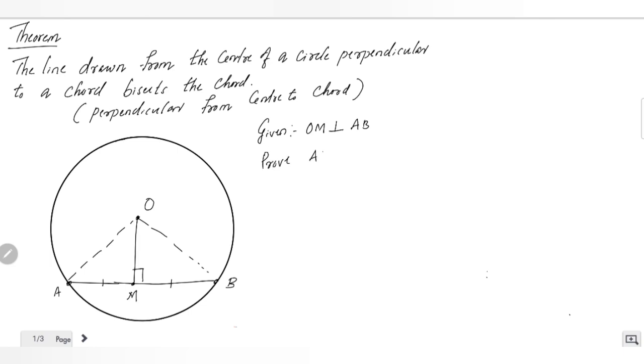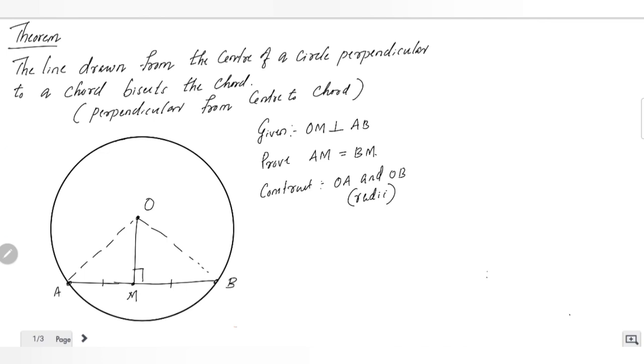Prove AM is equal to BM. For that you have to construct OA and OB, that is the radii. Radii is the plural of radius.